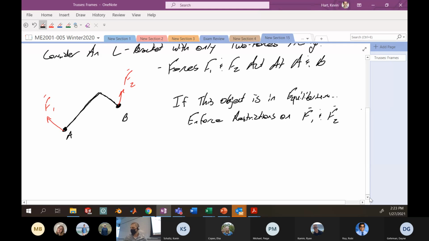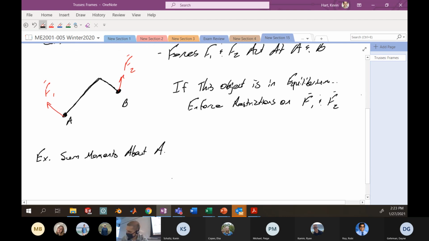Okay, so what do I mean here? Well, if we were to sum the moments about point A equals 0, and we are enforcing this to be true on our object, we know our object is in equilibrium, so we are enforcing that.